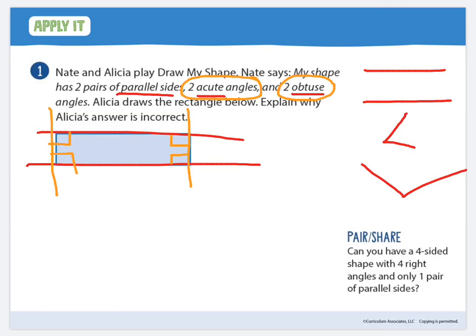So why is Alicia's shape incorrect? Because she did not include the correct type of angles in her shape. A shape that would have two obtuse angles and two acute angles along with a pair of parallel sides could be a trapezoid.